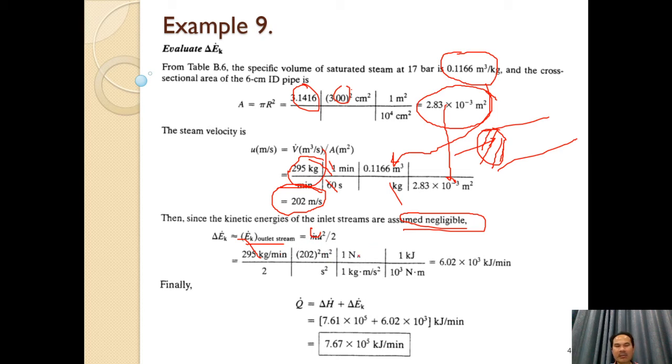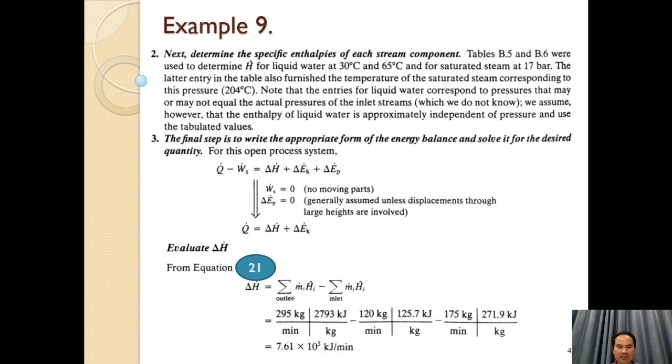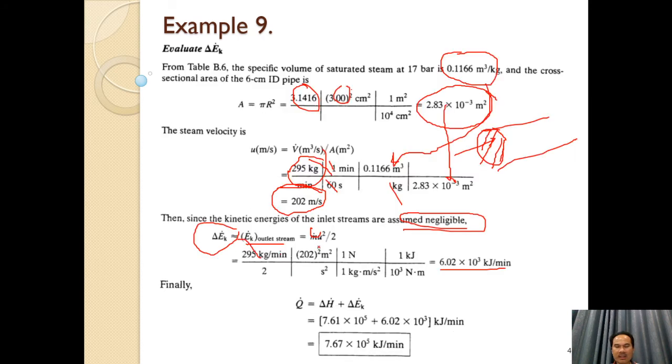You know 1 Newton equal to 1 kilogram meter per second squared, and 1000 Newton meter equal to 1 kilojoule. You calculate delta EK in terms of kilojoule per minute. And then you substitute delta S and delta EK into this equation and you can calculate heat.